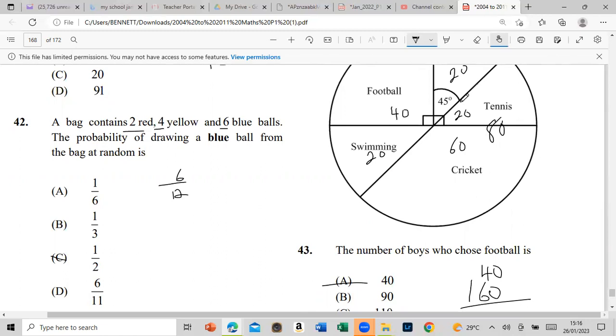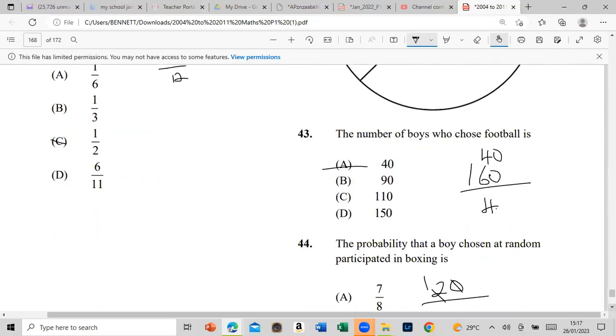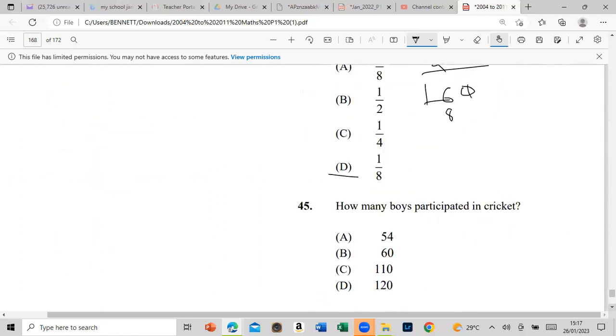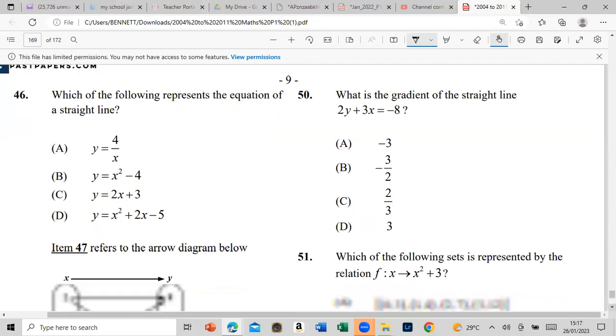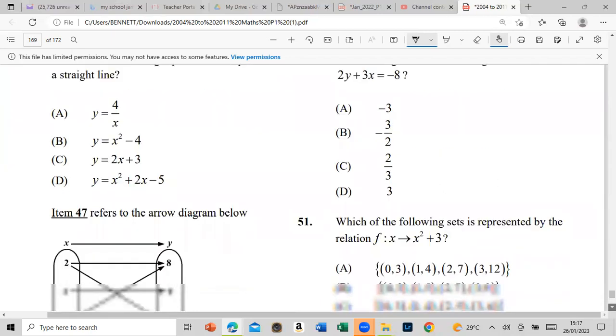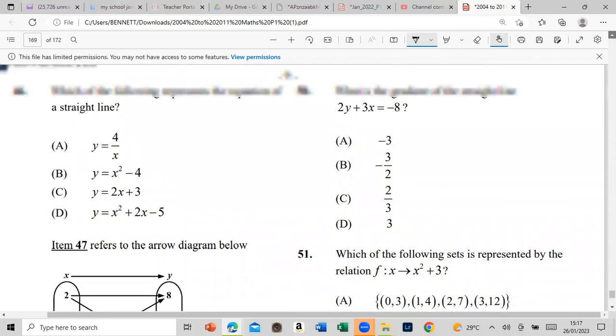Both of them are 80, but it's split up. This is a very immaculate question. How many boys participated in cricket? That is 60. Even when I was working it out, guys, I never knew there was a follow-up question. I don't know they can change it up on you, so I just like to make you aware.